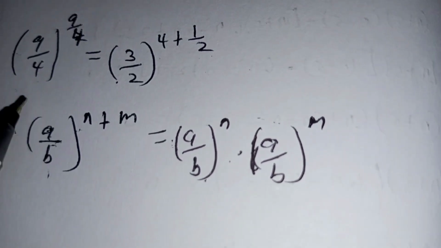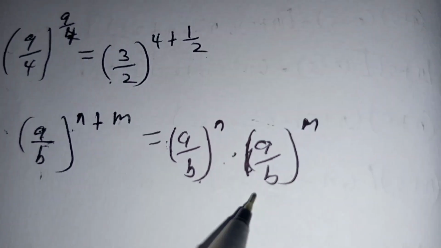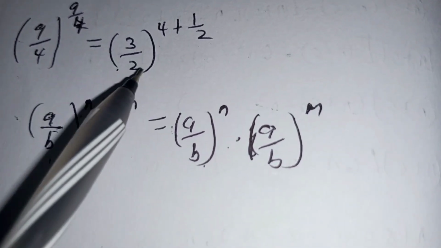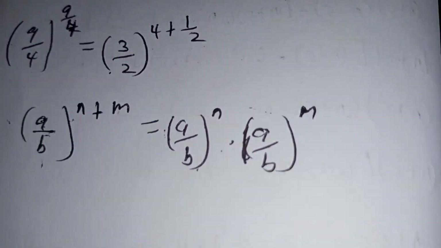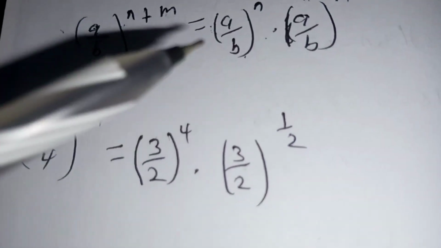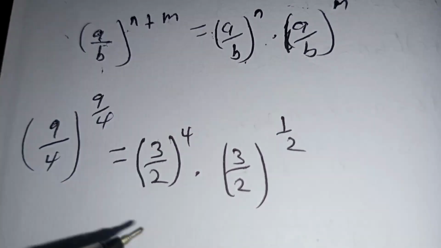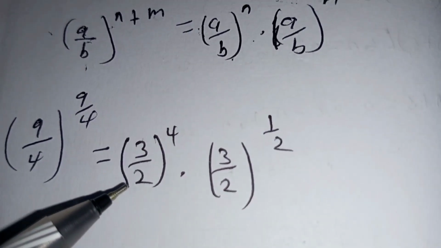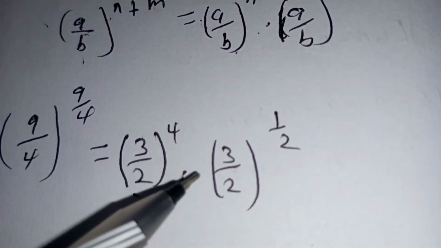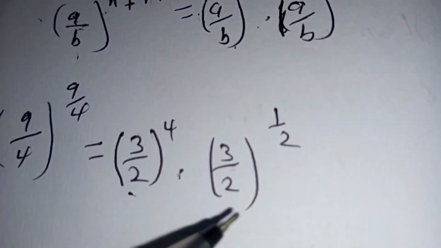So we are going to use the right hand side to transform the right hand side of this equation up here. So after applying this identity here, we shall have (3/2)^4, where the dot here means times, (3/2)^(1/2).